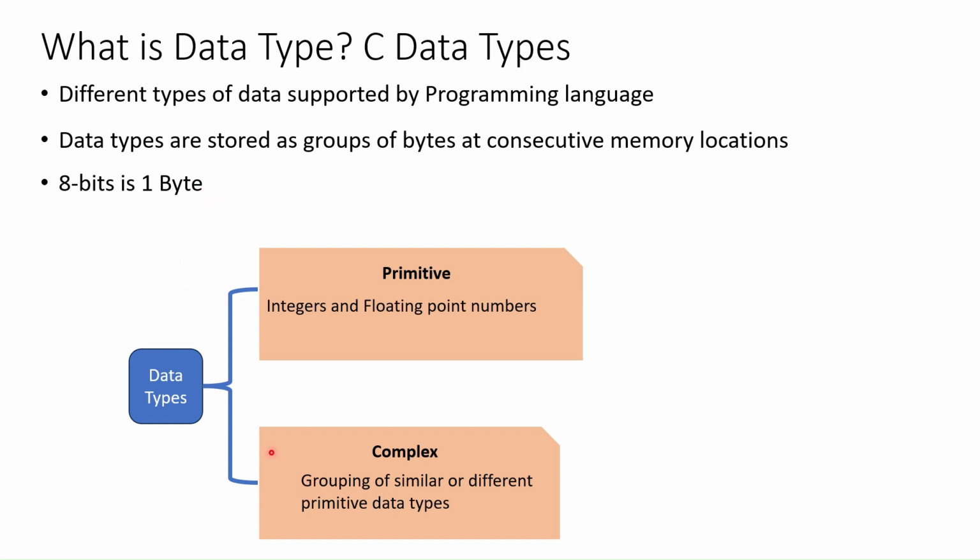Now if you see the data types supported by C, there are two types. One is primitive. Primitive data types are the basic data types like integers and floating point numbers. Complex data types are groups of primitive data types. It can be a group of integers, or a combination of integers and floating point numbers, or a group of floating point numbers.